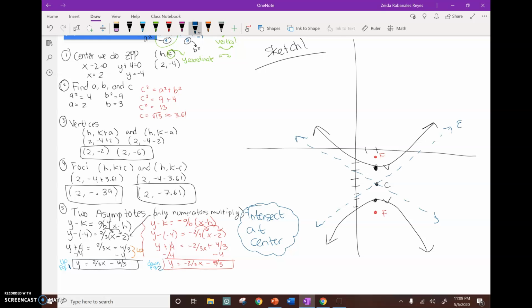Equation 1 is right here, and this is equation 2 because it's going down. And that's it. You have a sketch and you have all the information you need for your U-try. I need the center, vertices, foci, and 2 asymptote equations. You don't have to graph it for the U-try, but you will be graphing it for the exit slip. If you have questions, make sure you join us for our live class.